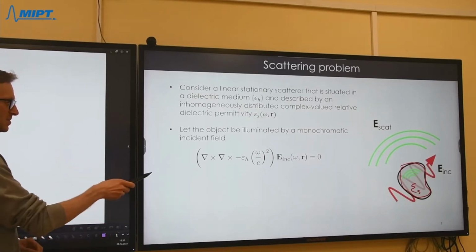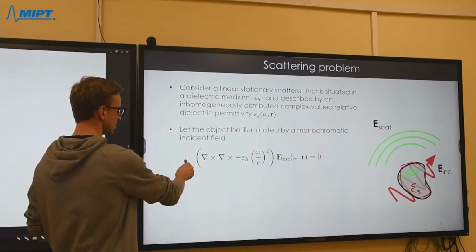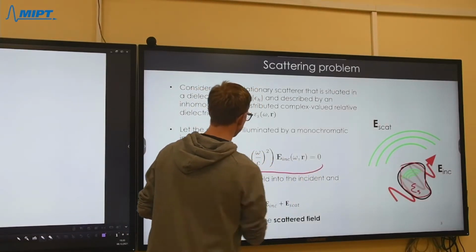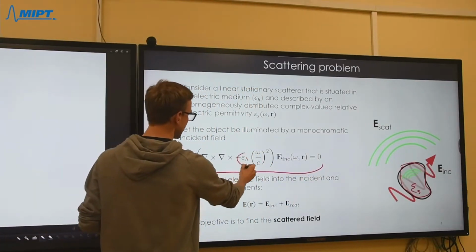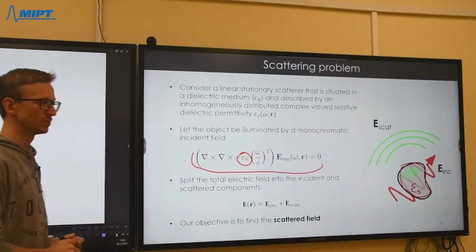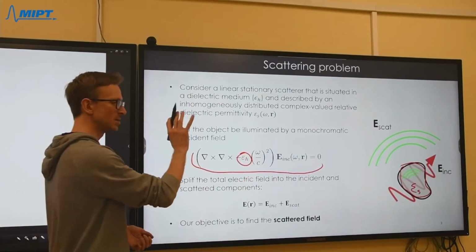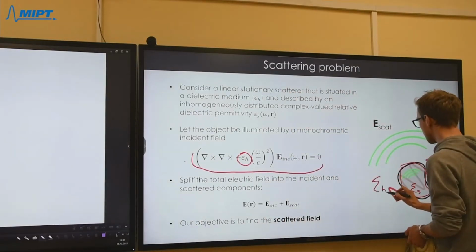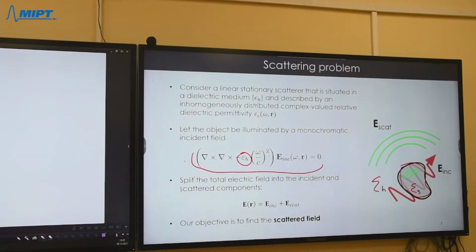So this thing is illuminated with some incident fields. The incident field satisfies the wave equation with the permittivity epsilon h, which is the host medium permittivity. This is the permittivity in the absence of any object. So this is epsilon h, which is assumed to be real valued, non-dispersive, to make things simple.